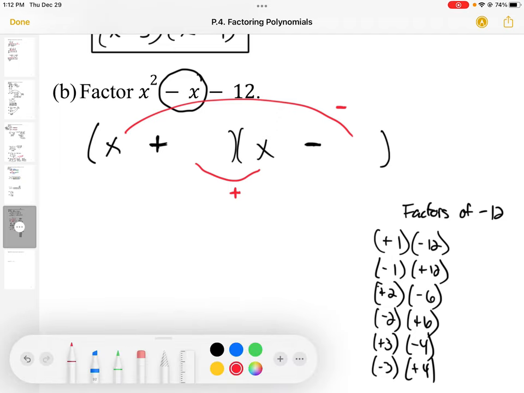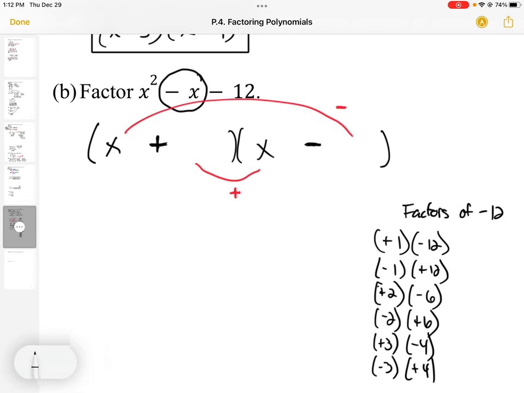And when we add those two together, a negative number and a positive number, the end result is going to be something that gets closer together. So when we check our factors, we want factors that are going to be closer together if we're going to get a middle term that's only negative 1.